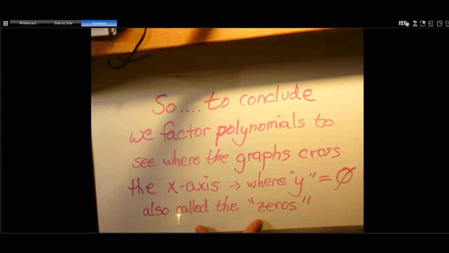We also call these points the zeros of the function, and we will learn more about that as we go on. In the next video, we will concentrate on the actual procedure for factoring a quadratic, whether it be a binomial or a trinomial. The methods hold.